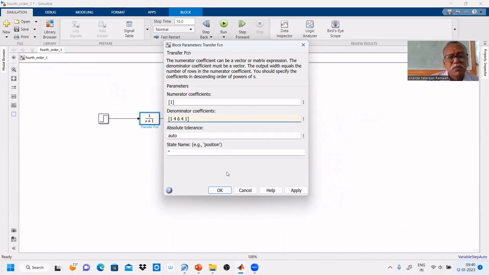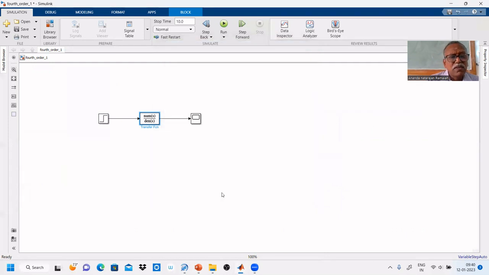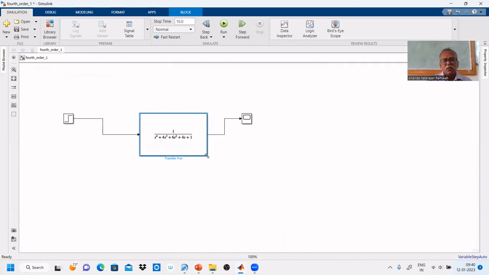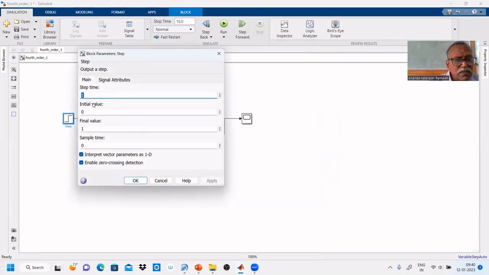That's all. So now we entered. If you want to see the transfer function, you can increase the size and you will get it. Are you able to see? s power 4 plus 4s cube plus 6s square plus 4s plus 1.